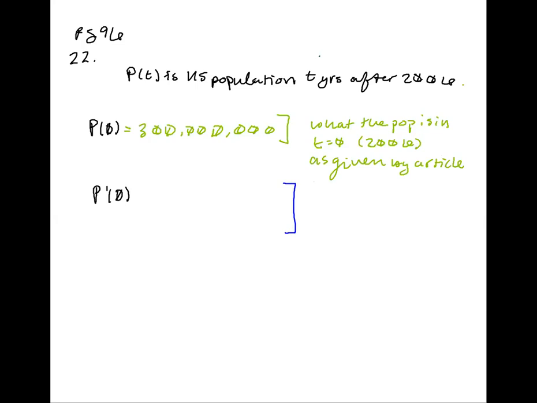So one thing that I find helpful that we did in this chunk of sections is to write things in Leibniz notation, which looks like this. Generally speaking, this is P prime of t.